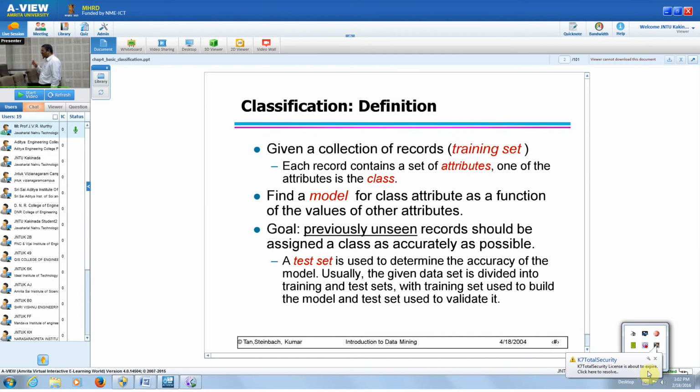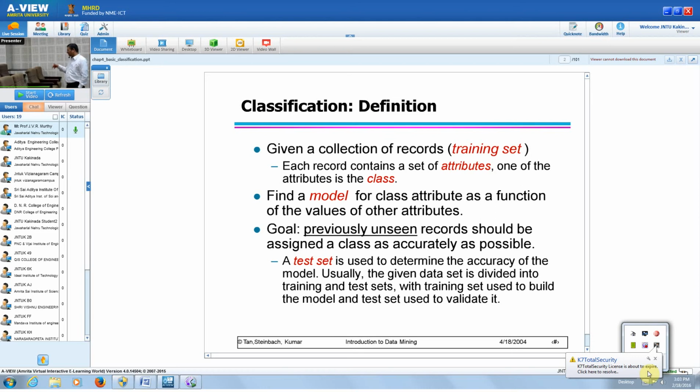How we derived them, we will see. But you have used that set of information for the process. Agree? Now, once you have used those 30,000 records, you have found the rules.